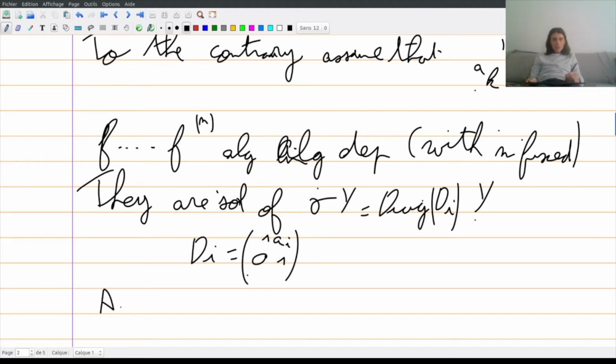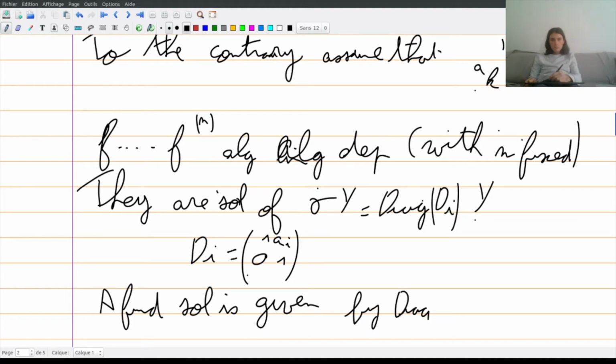And a fundamental solution is given by the diagonal of ui, and i equals 1, f and f to the power i.